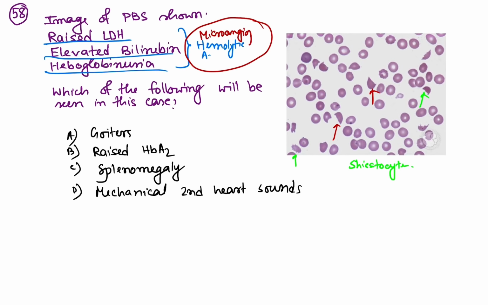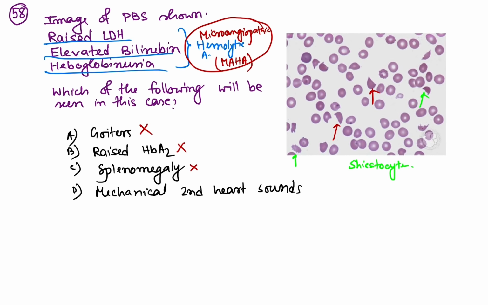Microangiopathic hemolytic anemia or MAHA. So let's now go for the options. Which of the following will be seen in this case? Goiter? No. Goiter is not seen in microangiopathic hemolytic anemia. Raised hemoglobin A2? No. Splenomegaly? No. Mechanical second heart sound?